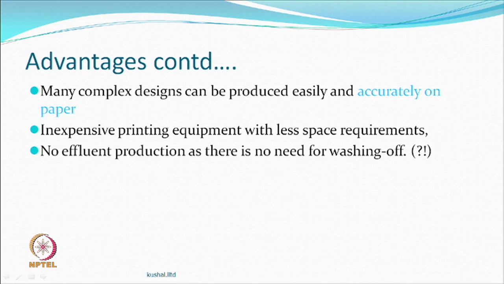And if everything is right, you do not have to wash off. One case in point is the disperse dye and polyester. If it is already diffused in, you do not need to wash off. Even in dyeing, you have to do many other sequences with disperse dye in STHP as well. And so, no effluent production.